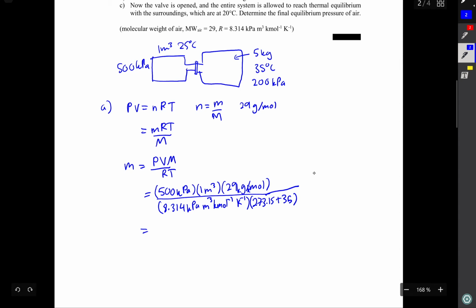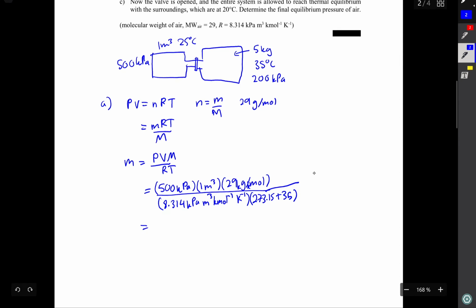With that I can cancel both of these per kilomole, and then the kilopascal cancels, so I don't need to include the kilo within the calculation. If you want to remove the prefix, you have to remove all of the prefixes in such a way that they still cancel each other. I forgot that this one is in Kelvin, so all of them are in Kelvin. So Kelvin cancels, kilomole cancels, meter cube cancels, kilopascal cancels.